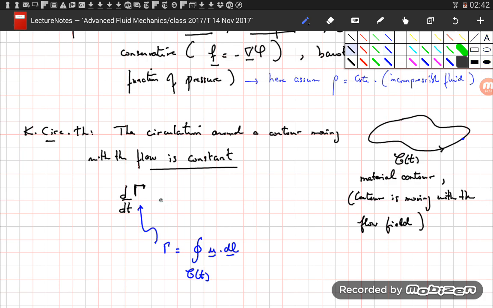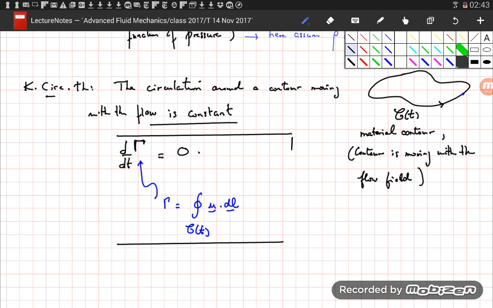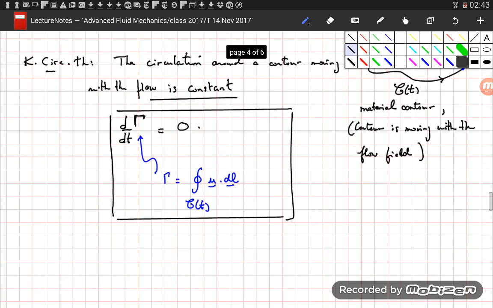So d over dt of gamma is equal to 0. Okay, that here is Kelvin's circulation theorem. And we'll see that it will help us understand vortex shedding, starting vortices, and so on.